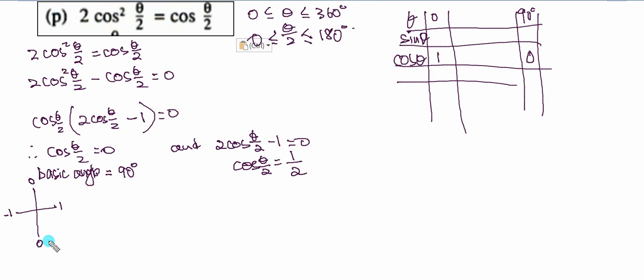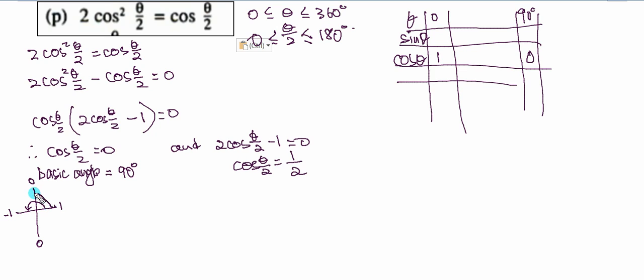Afterward we talk about the sine. How do you get a sine? So cosine 0 degree is 1. Cosine 90 degree is 0. Cosine 180 degree is -1. That means the angle from here to here, cosine 180 degree is -1. This one is cosine 0.